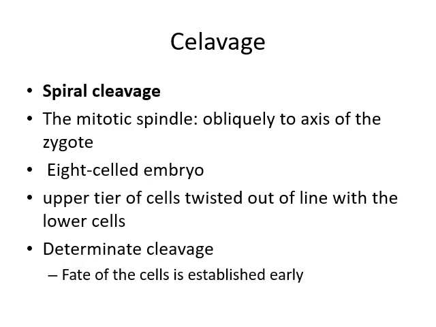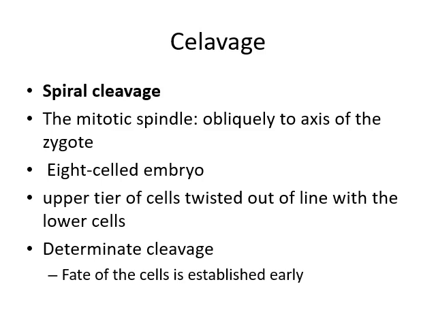In an 8 cell embryo the upper tier of cells will have some angle to the lower tier of cells; it is not just above the lower tier but has some angle, just like your spring, one swirl has an angle with the lower or upper, just like this.